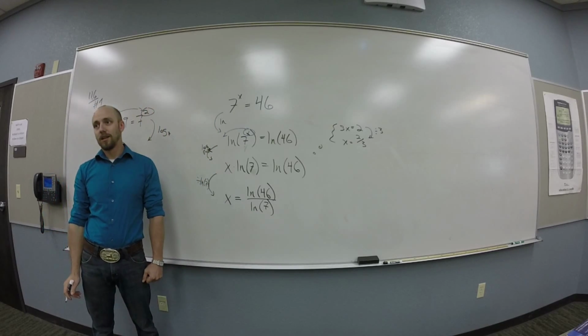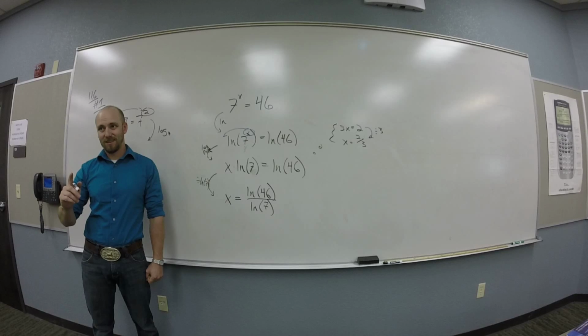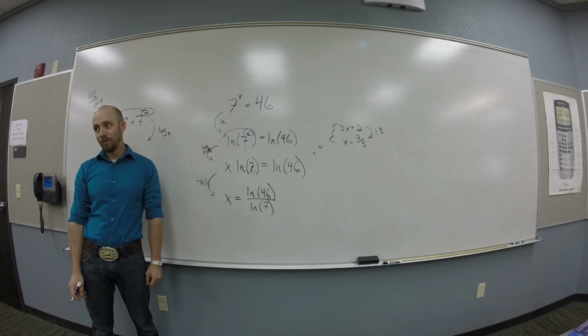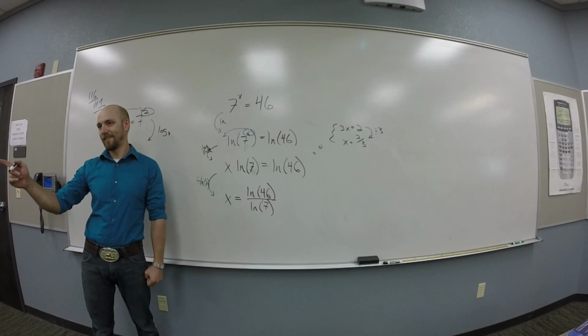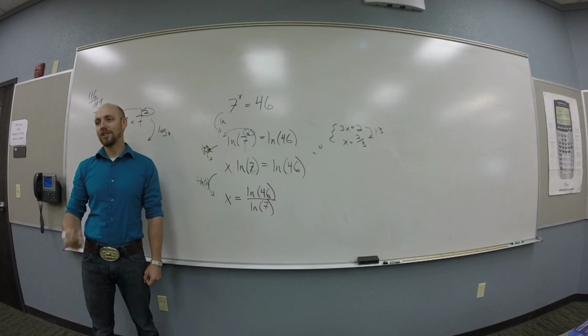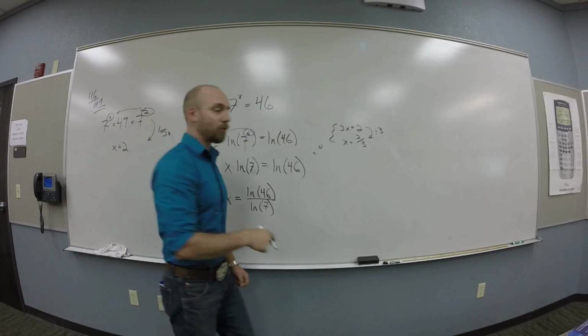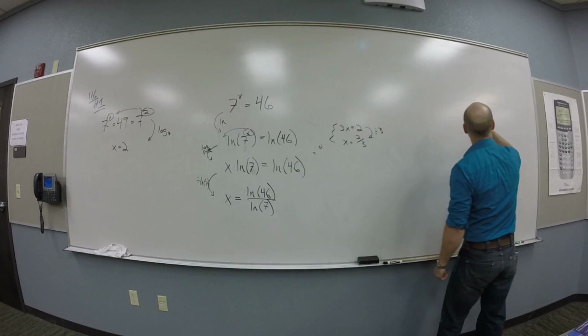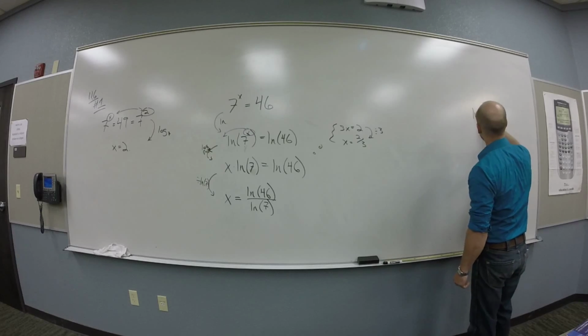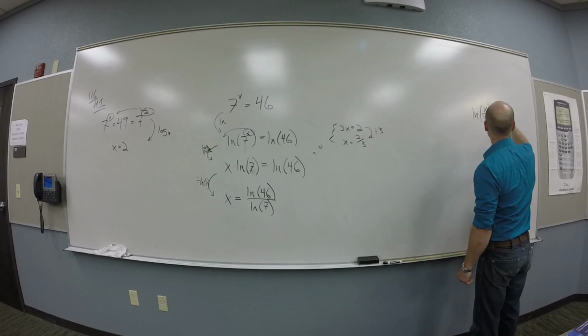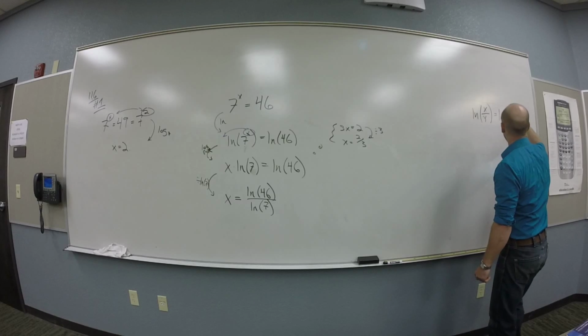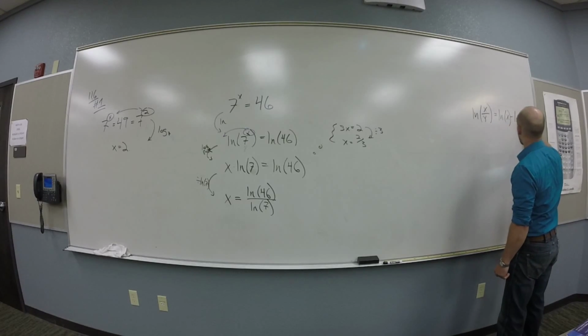natural log of 46 over natural log of 7. And for that written like with a minus sign instead. Can you rewrite this with a minus sign? This is a false log rule. The log rule that's right there is natural log of x over y is natural log of x minus natural log of y.